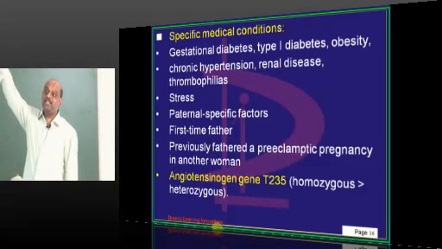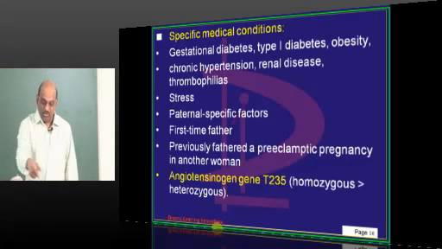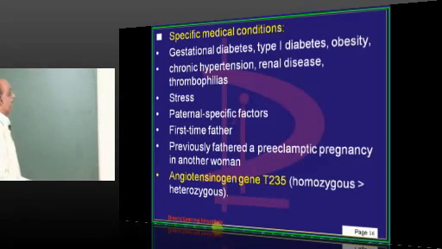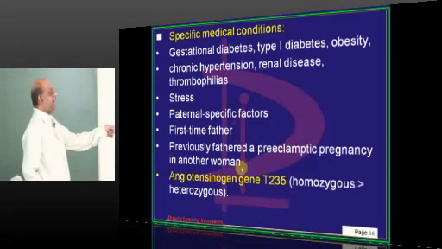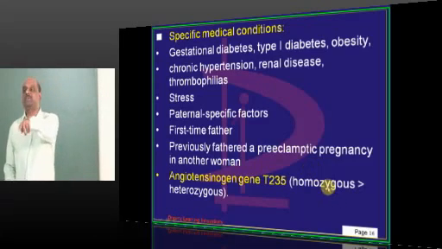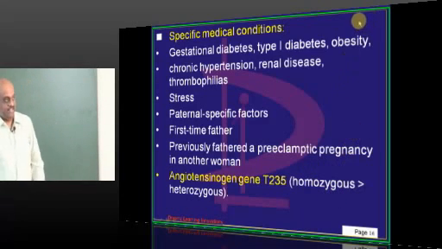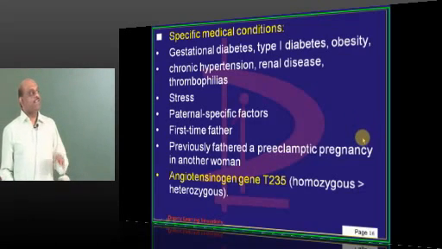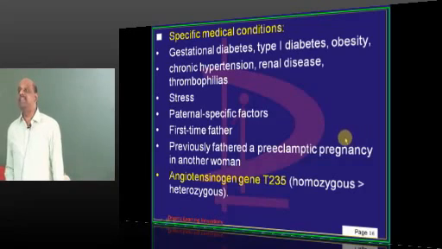Can the previous woman who developed preeclampsia due to this guy who led to this pregnancy, can it be a risk factor? Yes, sir. So previously fathered a preeclamptic pregnancy in another woman can be responsible. That's the reason. Always check the credentials of the guy, how well he was good in the bed, and after that what were the risk factors which happened during obstetrical situation.